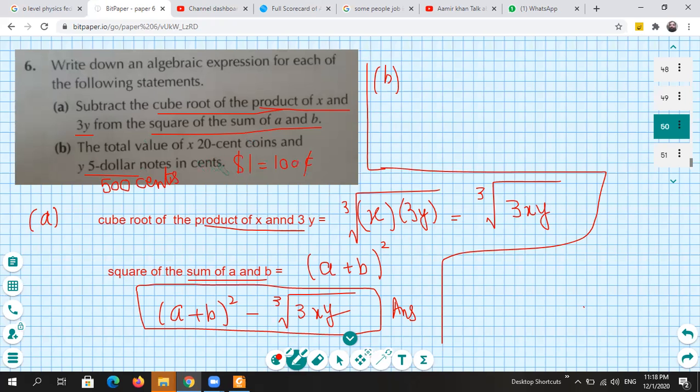So the total value of x number of coins multiplied by the value of each coin, which is 20 cents, will give you the total value of the x 20-cent coins, plus $5, which means 500 cents. And how many are there? y. So I'm multiplying y by 500.